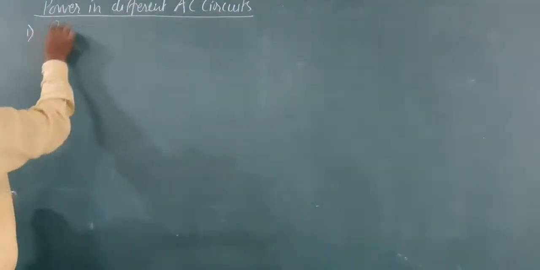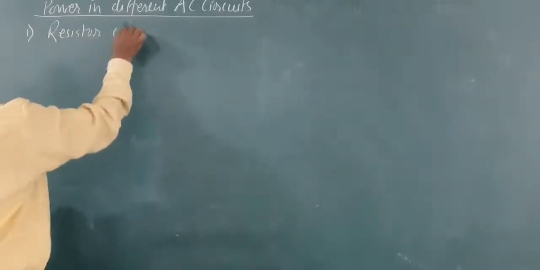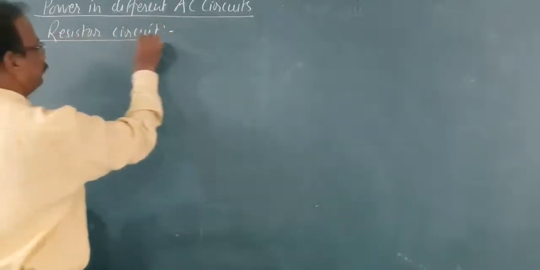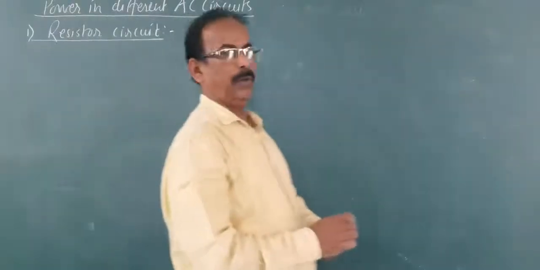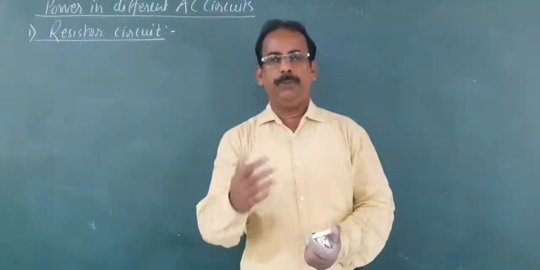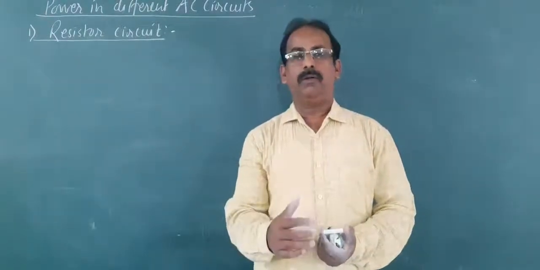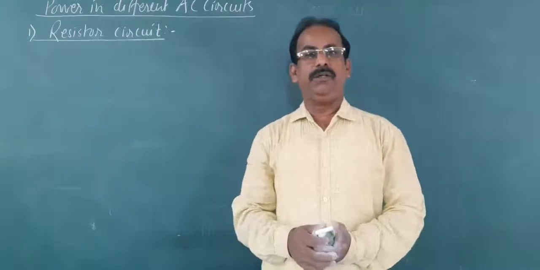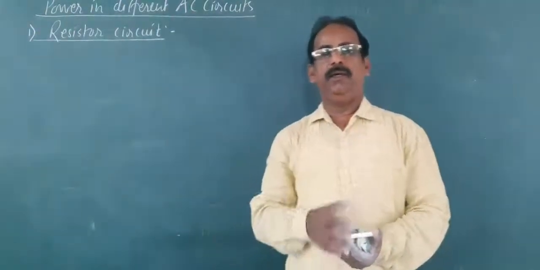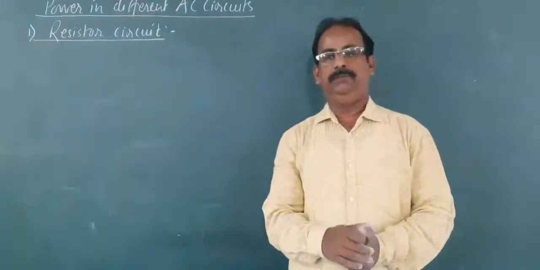First one is resistor circuit. Here we are going to find expression for power in different AC circuits: resistor circuit, then inductor circuit, then capacitor circuit, and then series LCR circuit.